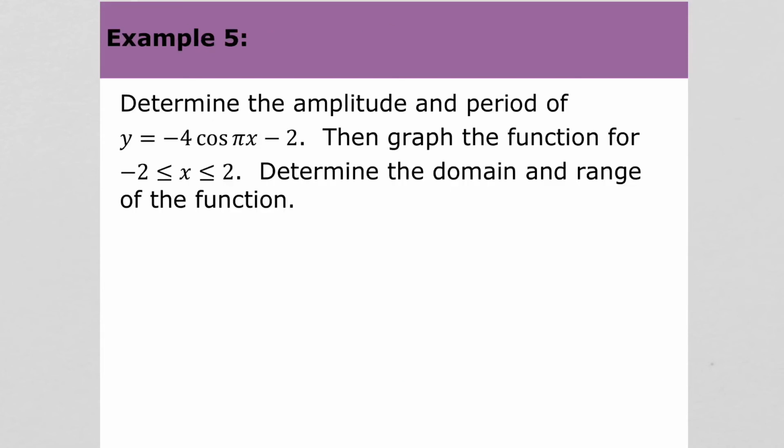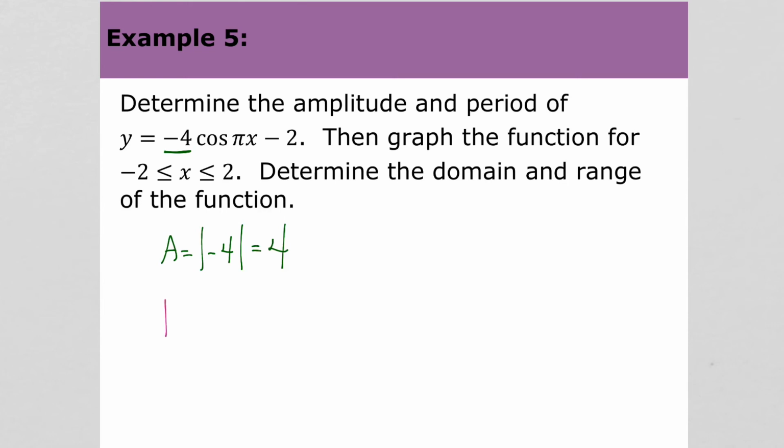So here, we're first asked to find the amplitude, we've got y equals negative 4 cosine of pi x minus 2. So the amplitude is the absolute value of A, the number in front. So the amplitude is 4.